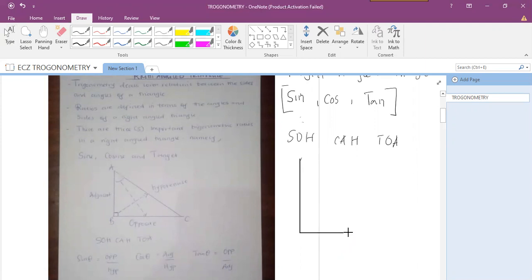Okay, let me extend it a bit. Then let me add another line going downwards. Okay, that's good enough. So this is a right angle triangle denoted by this 90-degree angle. And let's put another angle there and call it theta.